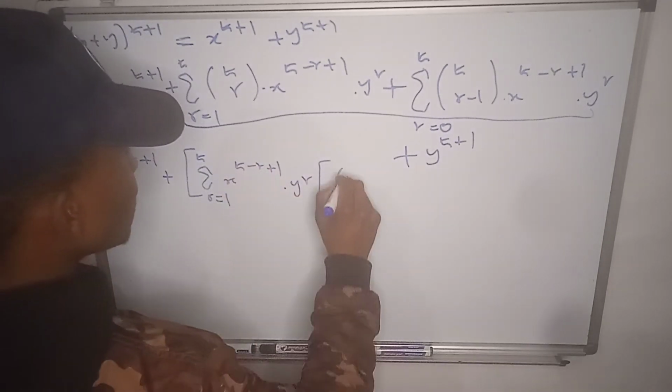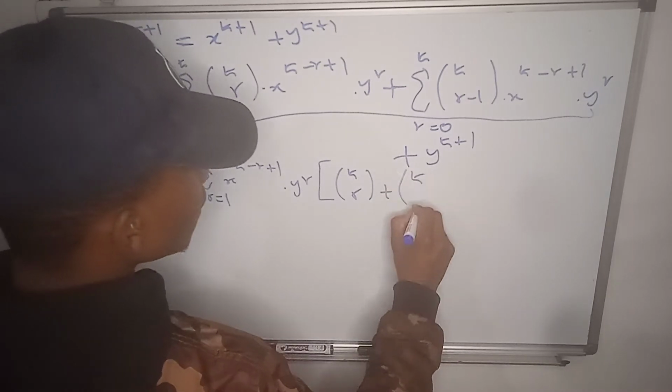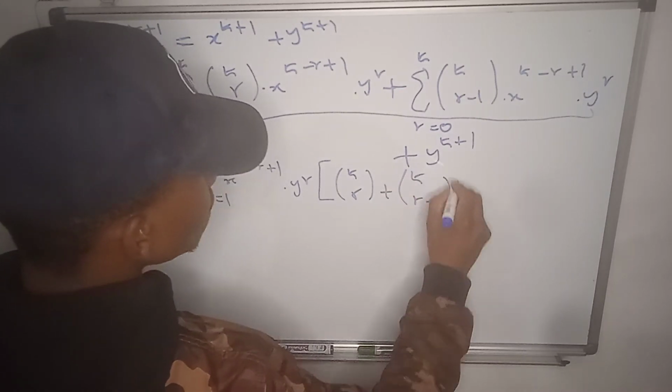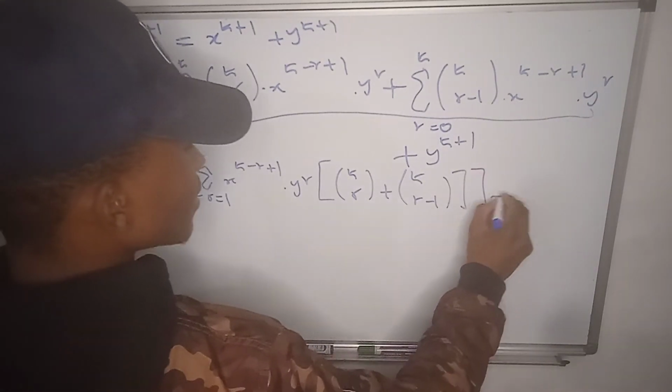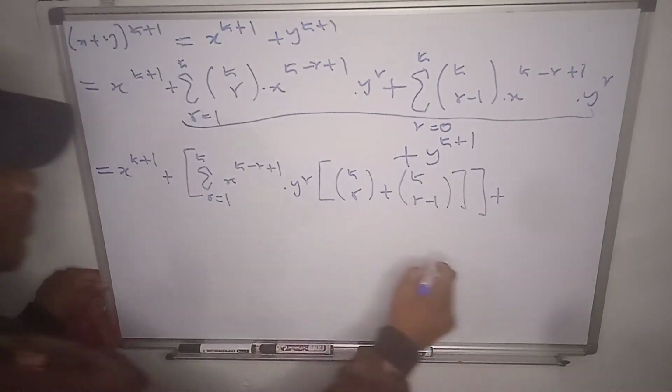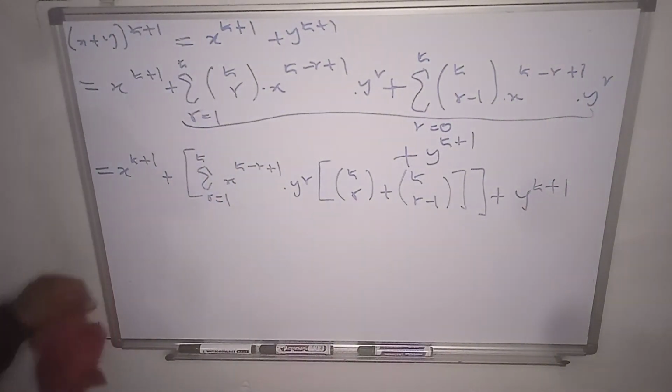So inside you're going to have k combination r plus k combination r minus 1, plus, because we already factorized, plus y^(k+1) can be written this way.